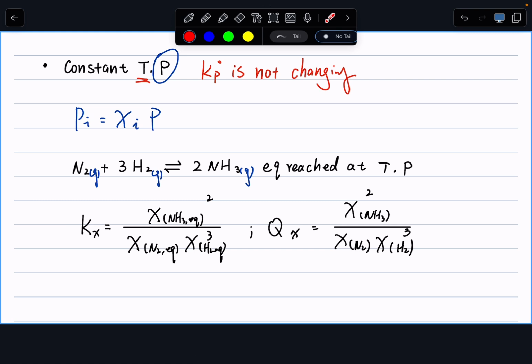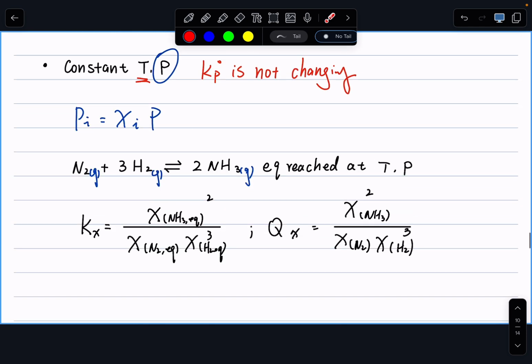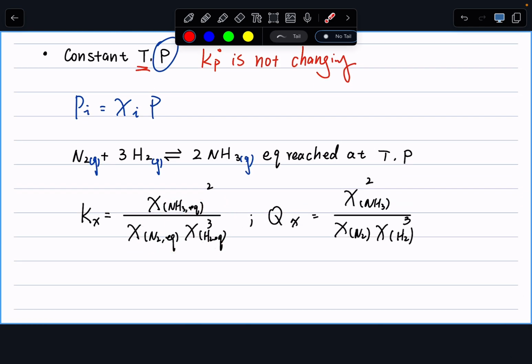Yes. For Kp naught, you usually have it over P naught, which is just one bar. But here, in this case, we're just saying these two are effectively the same thing. Our total pressure is not changing, so it's going to cancel out.